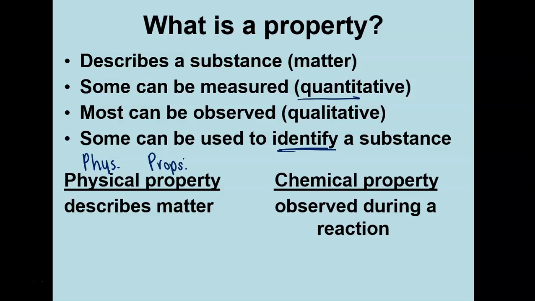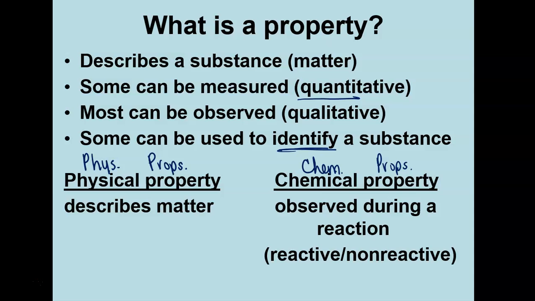So maybe physical properties, and chem, and your teachers will abbreviate chem all the time. So if you can find ways to abbreviate, that would be ideal. Saves you lots of time. So these are physical property and chemical property.